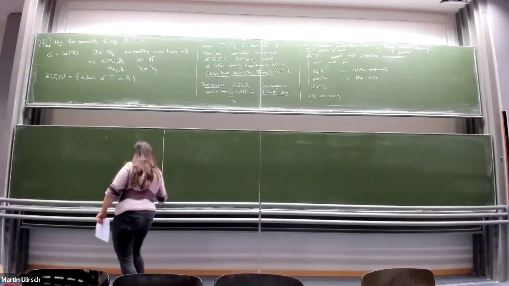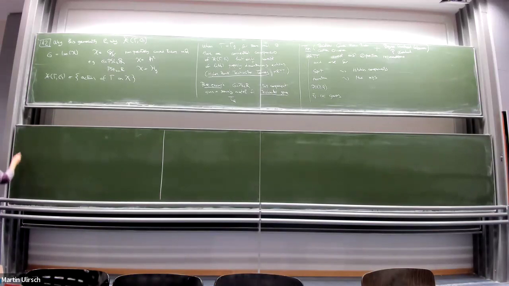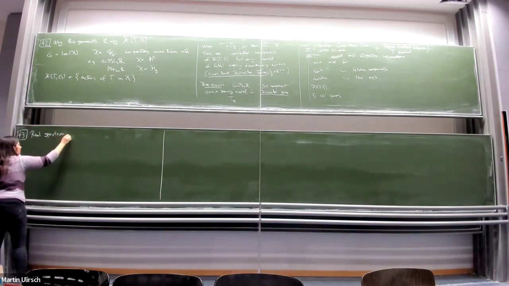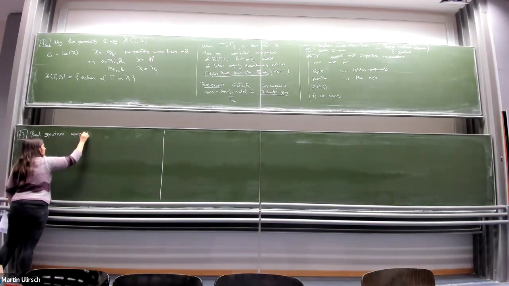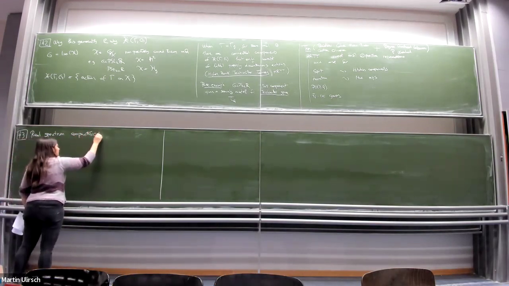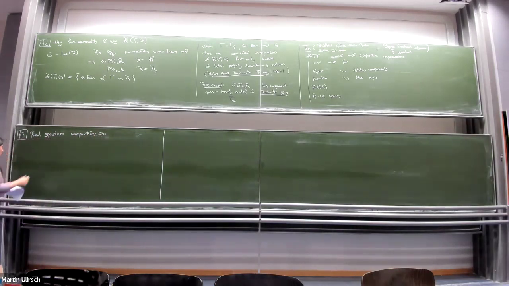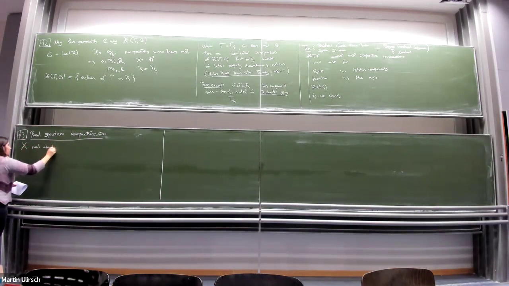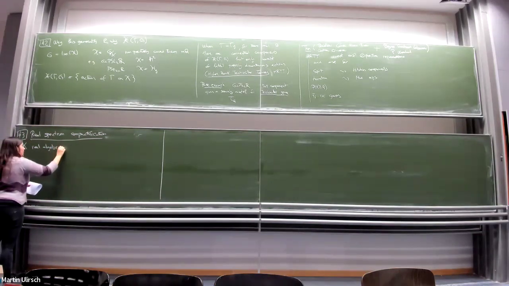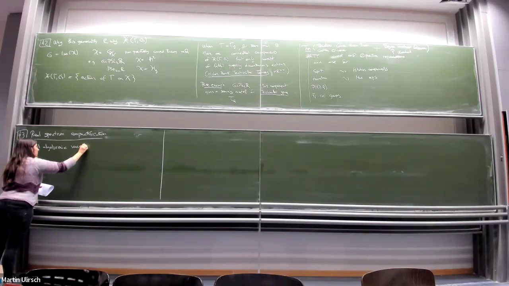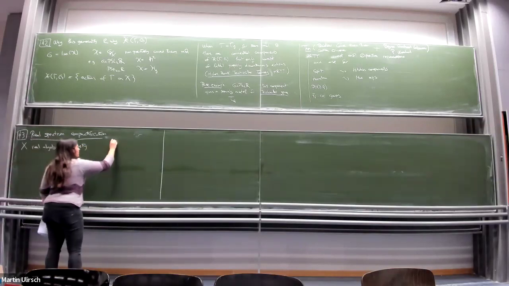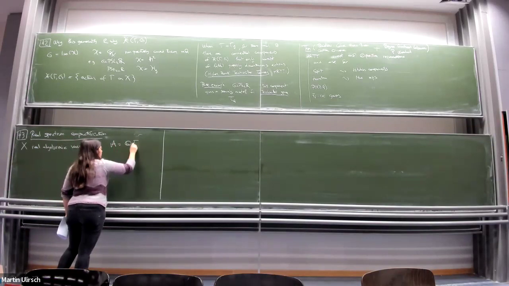compactification you look at in general. So here I start from a real algebraic variety X, and I consider its coordinate ring with rational coefficients.